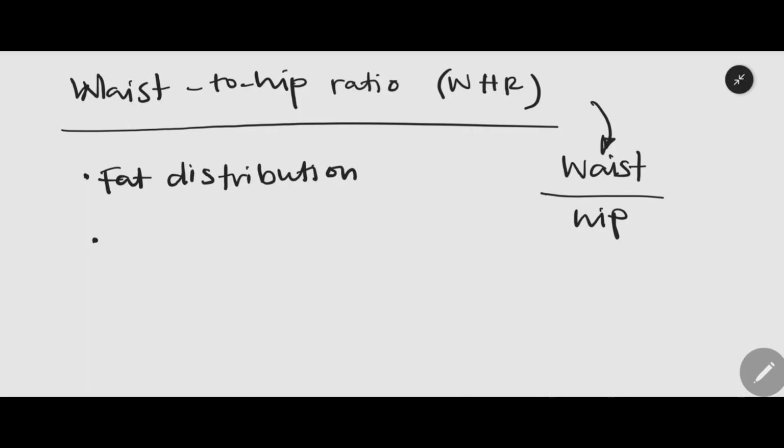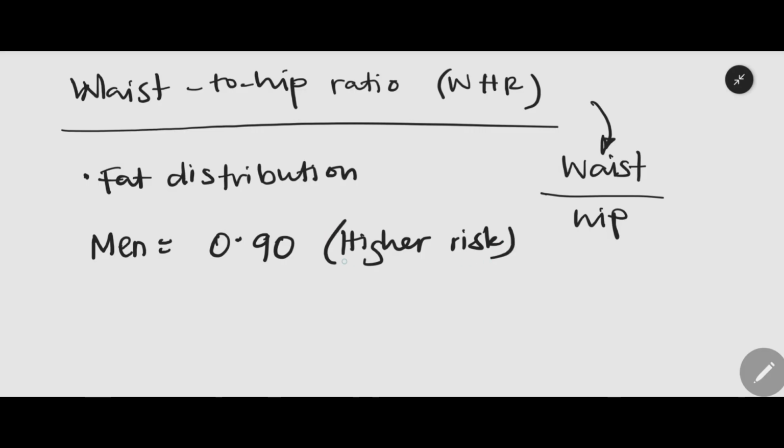It is a risk indicator, which means that if you're a man, a waist to hip ratio greater than 0.9 is considered higher risk. And for women, a waist to hip ratio greater than 0.85 is considered higher risk.